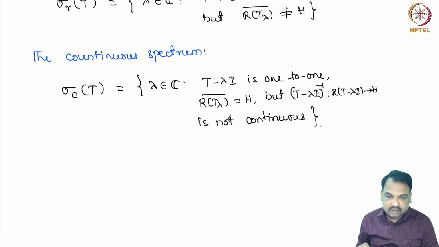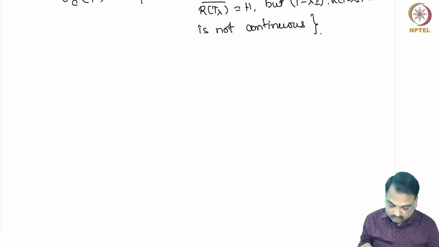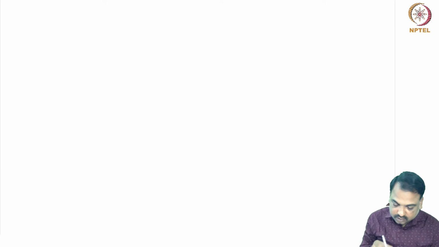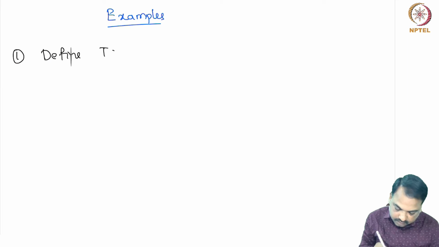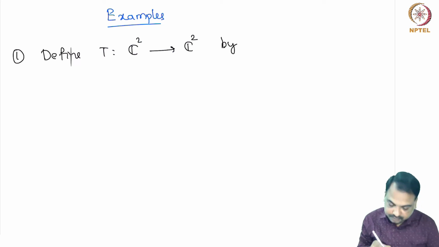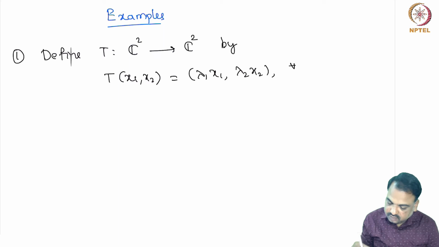Okay, now let us look at a few examples to see how to get the spectrum. Let us define T from C2 into C2 by T of (x1, x2) equals (lambda 1 x1, lambda 2 x2) for all (x1, x2) coming from C2.